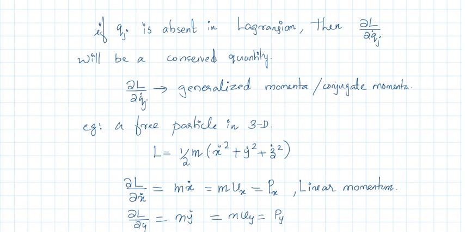It can be linear momentum, or angular momentum, or any other quantity depending on the dimension of this Q_j, the generalized coordinate.